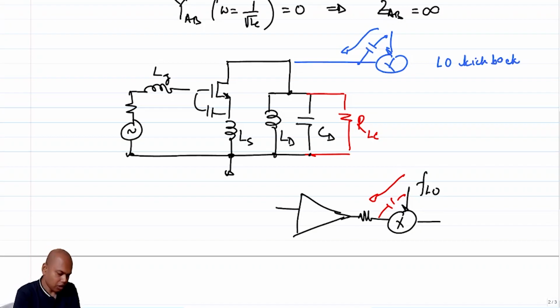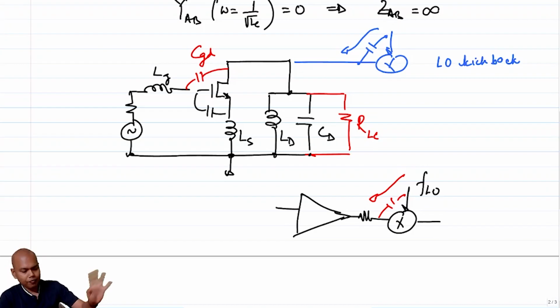Okay. So now, why is it a problem? The way we have drawn this entire schematic, this is not a problem. But you should readily appreciate the fact that there is a CGD capacitance which we have been inconveniently ignoring till now.